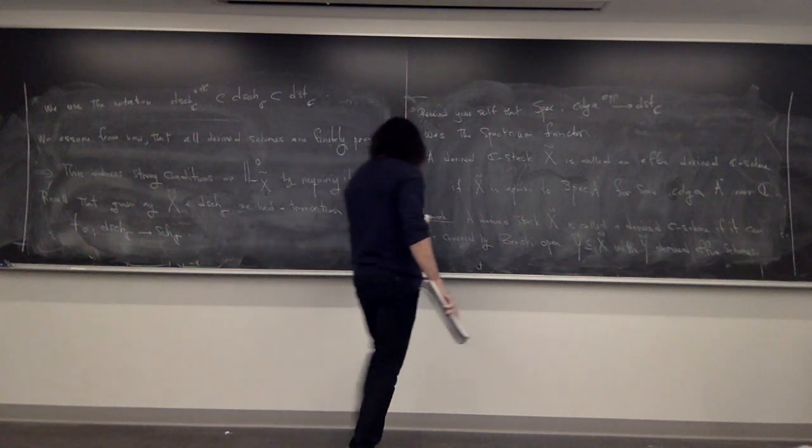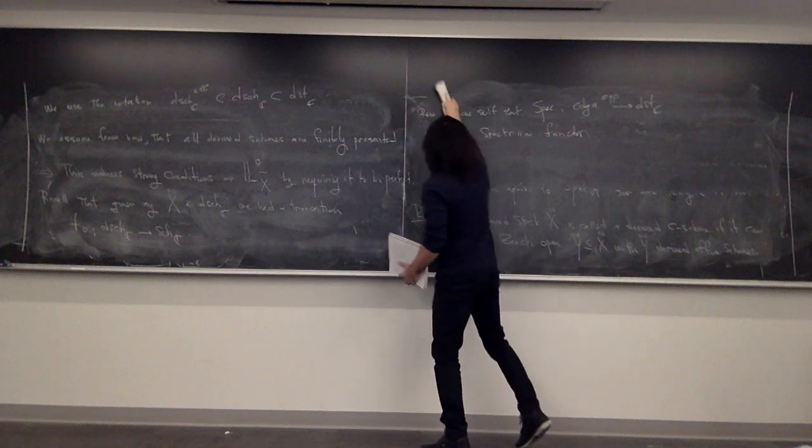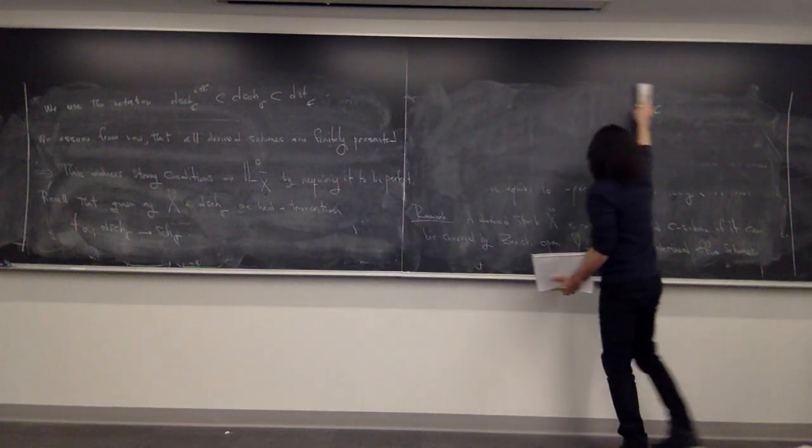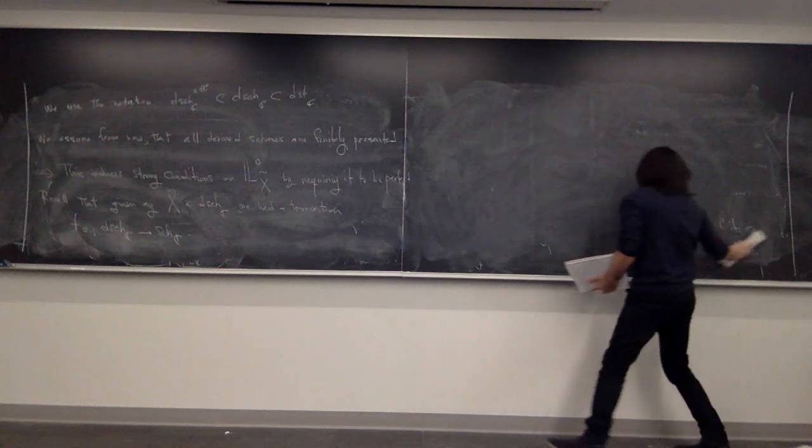Okay. So also when we were discussing DG schemes, we actually discussed this truncation map.